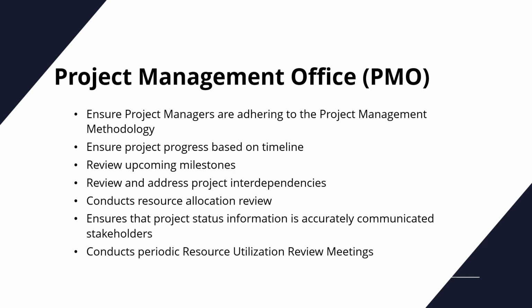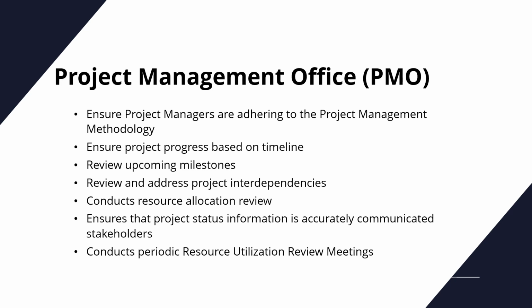and resolve them. And also they will conduct the resource allocation review, so that the project has the right level of resources, or the right number of resources. If there are any new skills required for that particular project, then they will look into that matter. They will also keep following up with the project manager to ensure the project manager reports the project status accurately to the stakeholders and to higher level management.